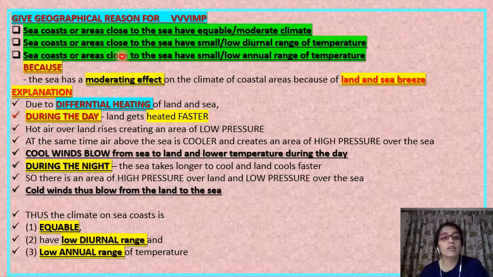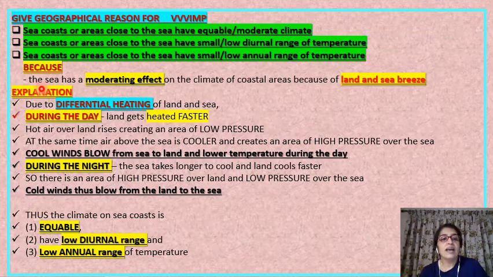Sea coasts or areas close to the sea have a low diurnal range of temperature and a low annual range of temperature. All these. Why? The sea has a moderating influence on the coastal areas. And that is the reason for this happening.